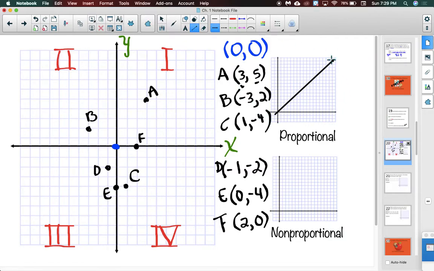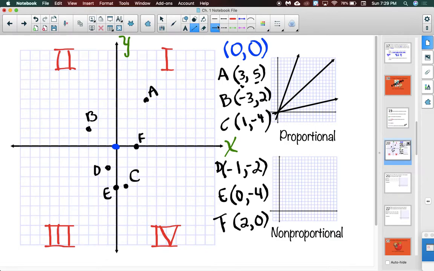Okay, so the example I have right here is my proportional graph. I could draw a couple different examples. It could go up a little steeper like that, or it could be a little bit less steep, something like this. So any of those three graphs would be proportional because they are linear and they pass through the origin.